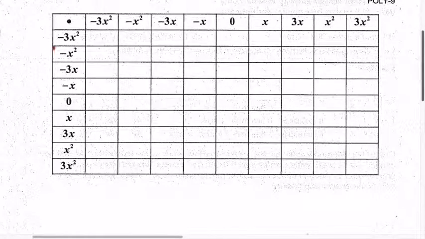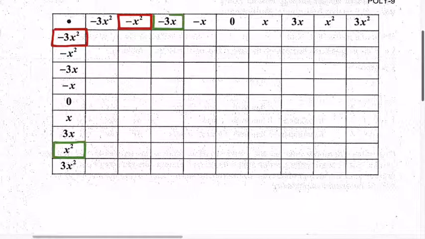So before we looked at minus x squared and minus 3x squared. I guess I looked at it this way. Minus 3x squared and minus x squared, multiplying those two. And then we also looked at x squared and negative 3x.